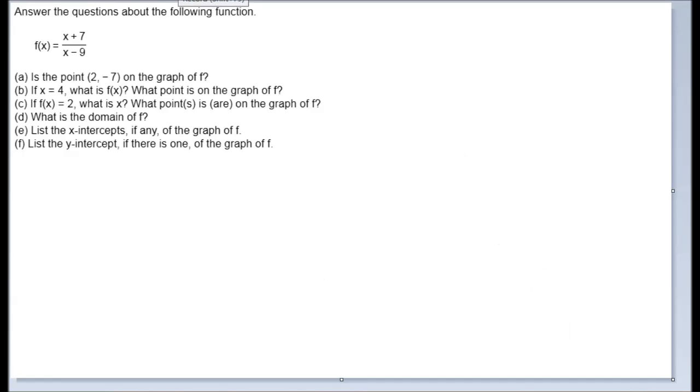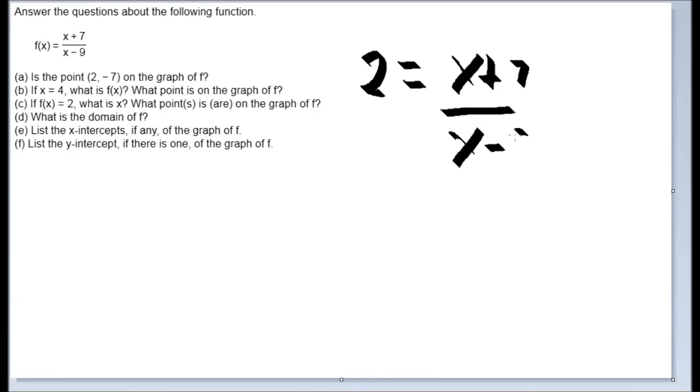Okay. Let's see, if f(x) equals 2, what is x? Well, that's f(x) = 2. That means we're going to put in 2 for basically y, so we'll have the equation 2 is equal to (x + 7) divided by (x - 9). And what I can do here is multiply both sides by x minus 9.